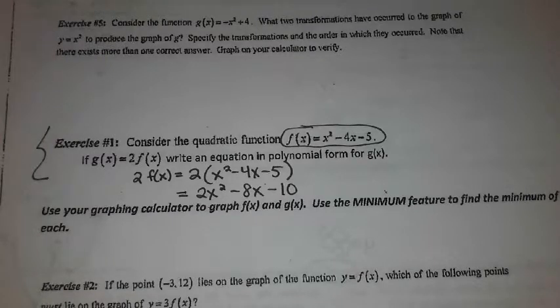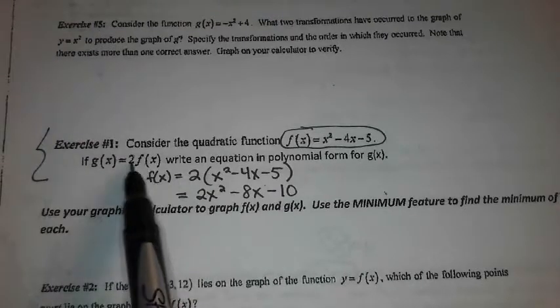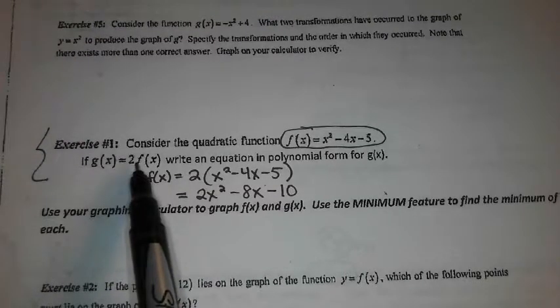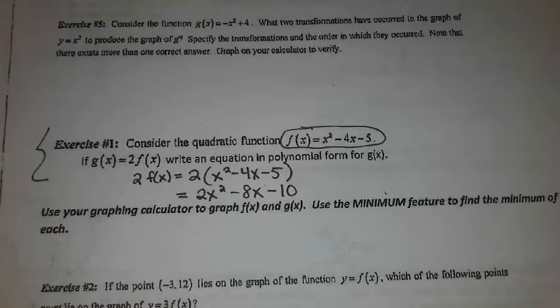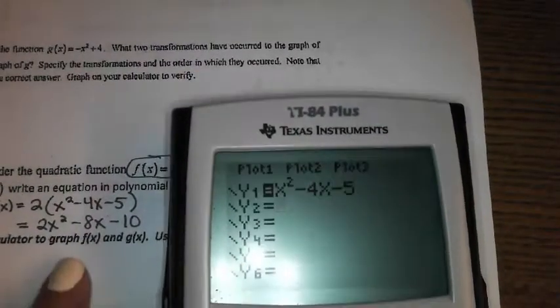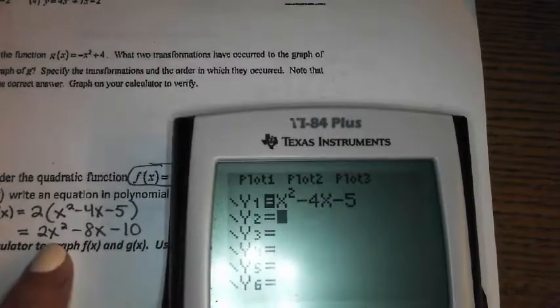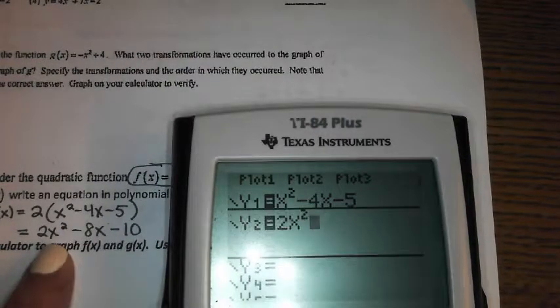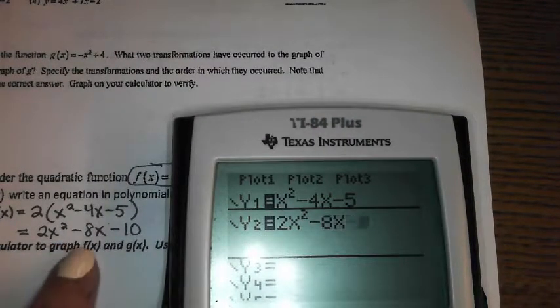What is the transformation, if you had to describe it, that happened? Dilation, which direction? Vertical, because the times 2 is outside the function. Stretch or compression? Okay, so I'm going to compare the original function and then what supposedly is this after it's been stretched. 2x squared minus 8x minus 10.